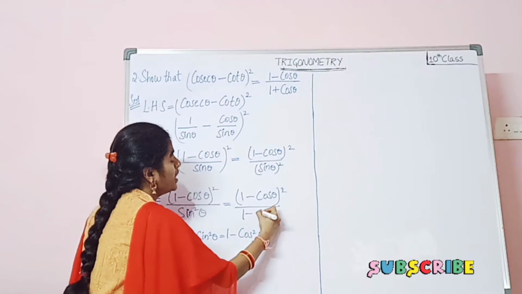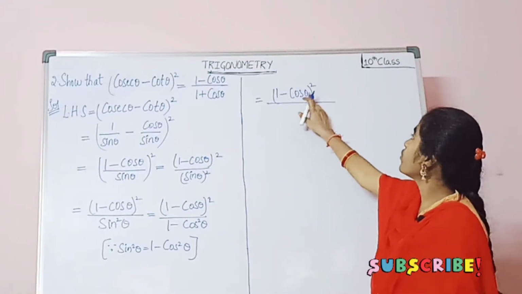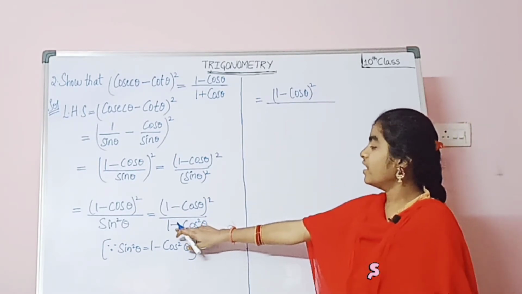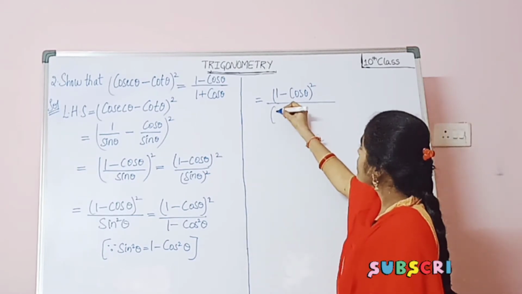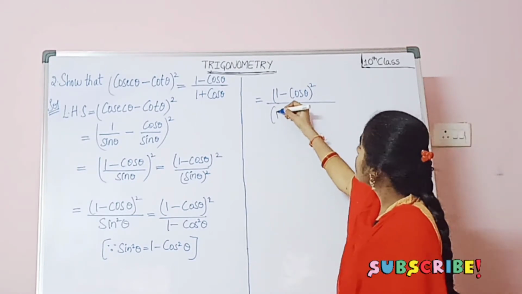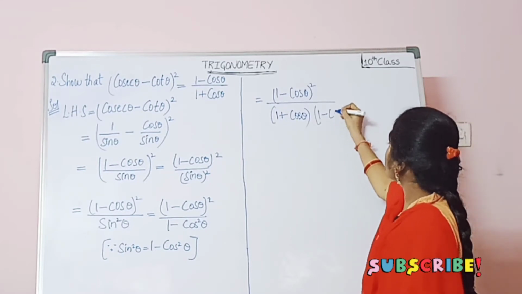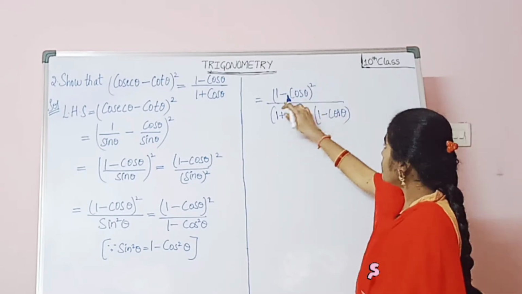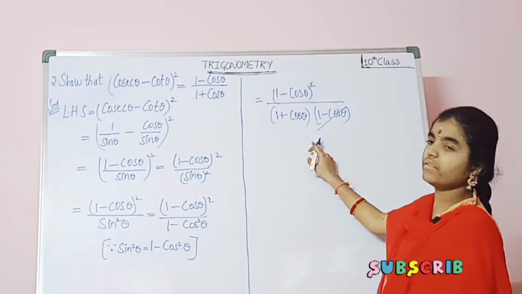Now this is in the form of a square minus b square. So the formula for a square minus b square is a plus b into a minus b. So 1 plus cos theta into 1 minus cos theta. Now this 1 minus cos theta is cancelled.